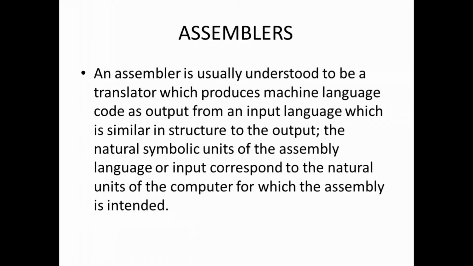So what an assembler does is that it produces a machine language from an input which is being received, and this input has a similar structure to the output. Okay, and then the natural symbolic units of the assembly language or input will now correspond to the natural units of the computer to which the assembly is intended.